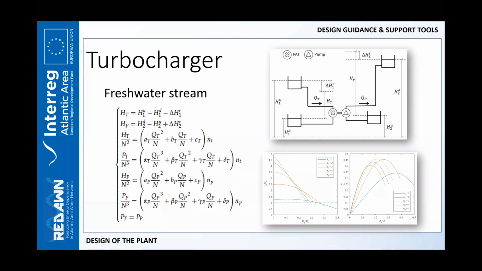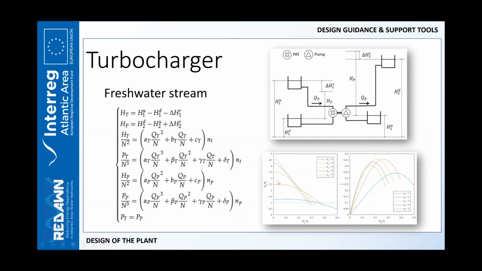So once the plant is designed, the resolution of the system can be difficult because it's not linear, but anyway, it's simple. As you can see here, we can have different working conditions. This is basically the ratio between the discharge of the pump and the discharge of the turbine, and the head of the pump and the head of the turbine for 5 different turbines. And this is the global efficiency of the plant.